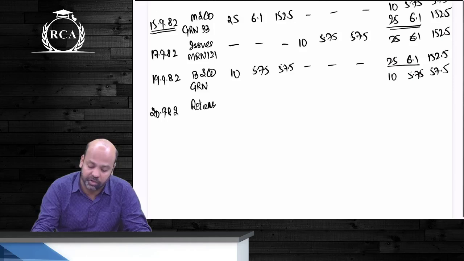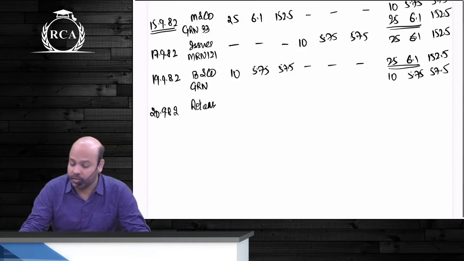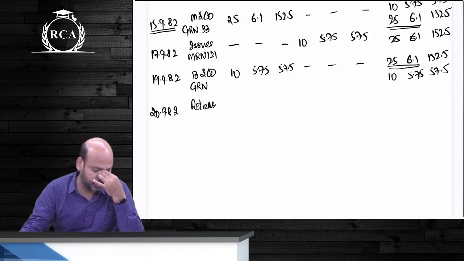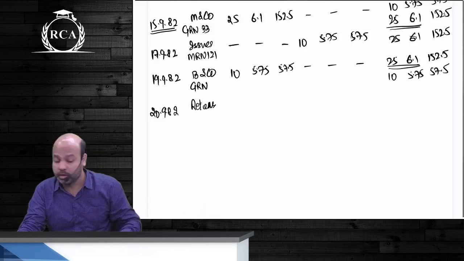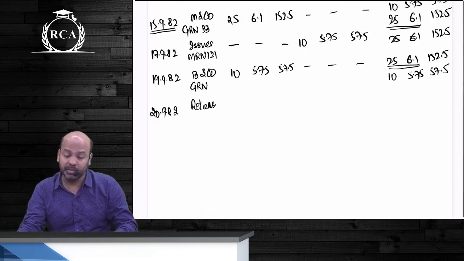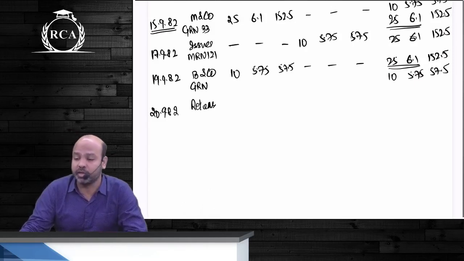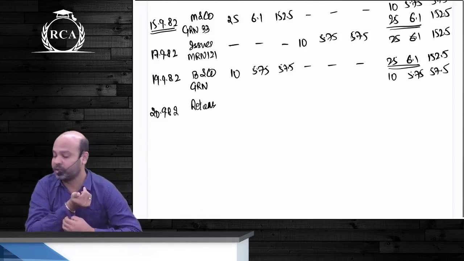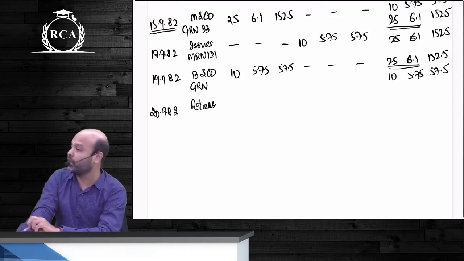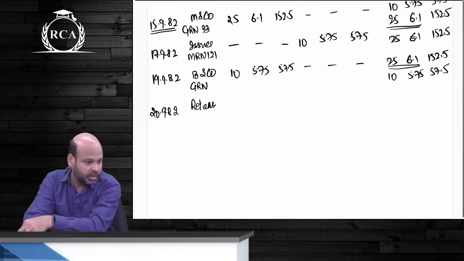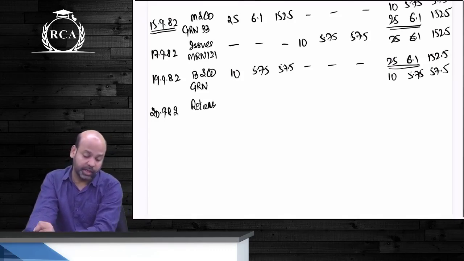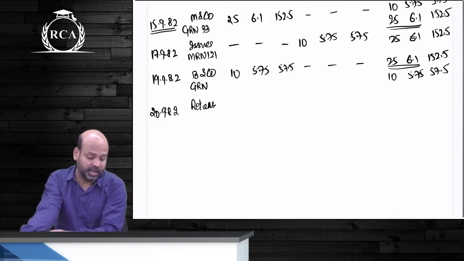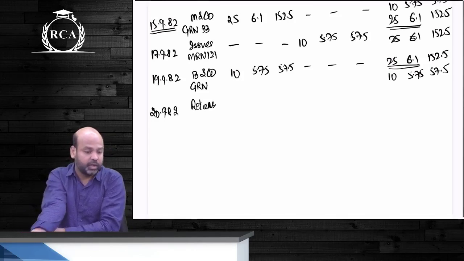It was never issued. 25 units. This is the material of MN.Co. On 20th September, the question says that material of MN.Co is being returned from production department. Obviously, it is not out of the current month purchases. You will have to assume that the material was issued sometime back in the previous months, and the material was purchased at the same price. That is 6.1. I'll give that assumption, but you will have to assume that in the earlier months also we have purchased materials from MN.Co at a price of 6.1 only.